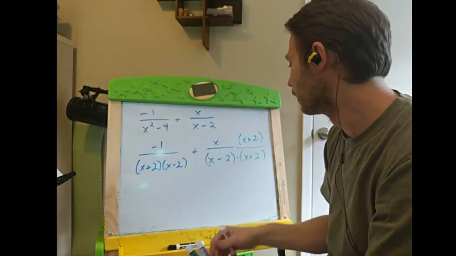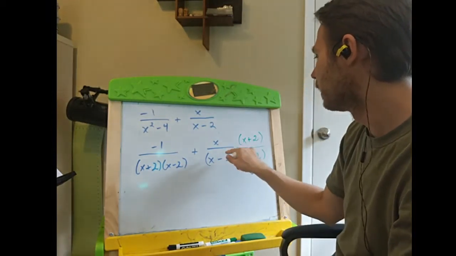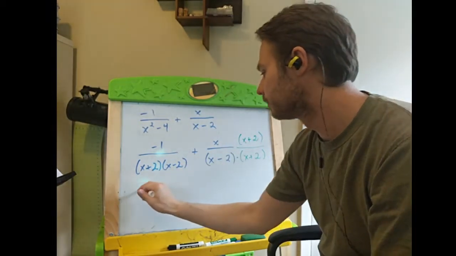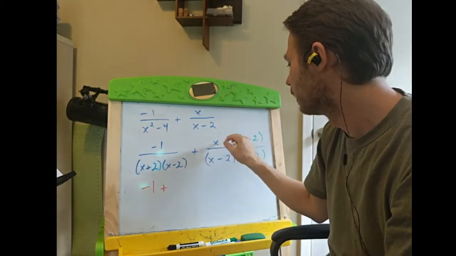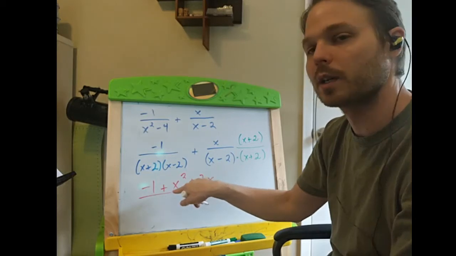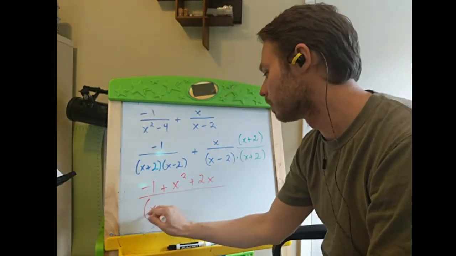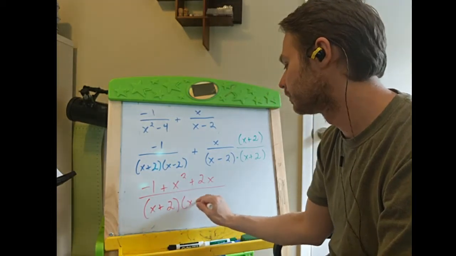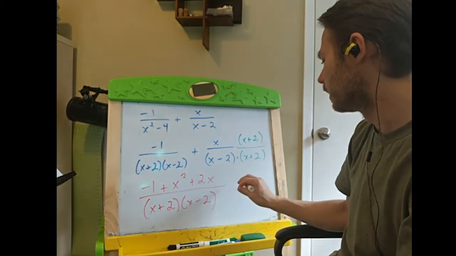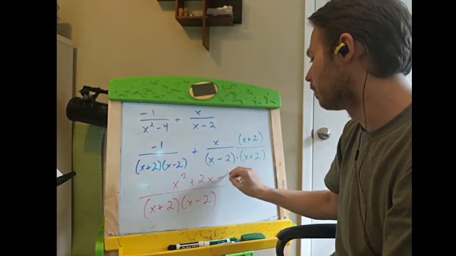All right, so let's see what this one is going to be. I'm actually going to go ahead and multiply this out. So -1 plus x squared plus 2x, again, because I want to see if this becomes a factorable quadratic, because maybe something will simplify. Let's see, this is really x squared plus 2x minus 1.